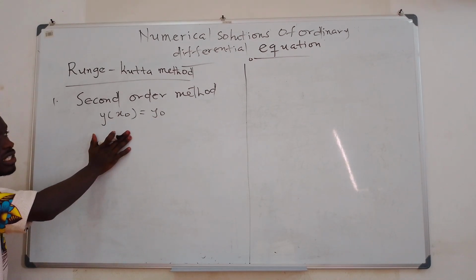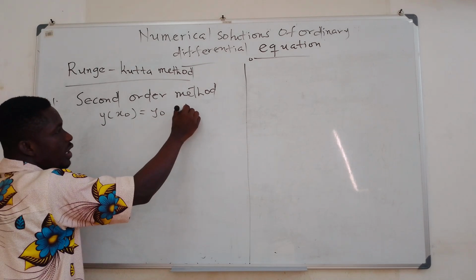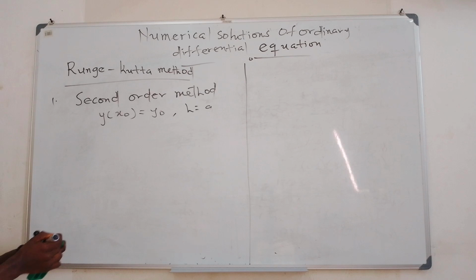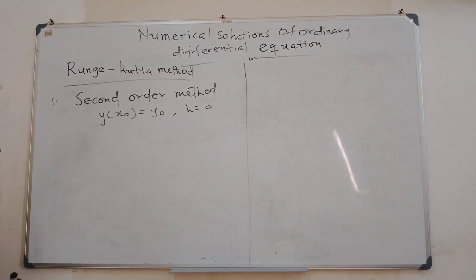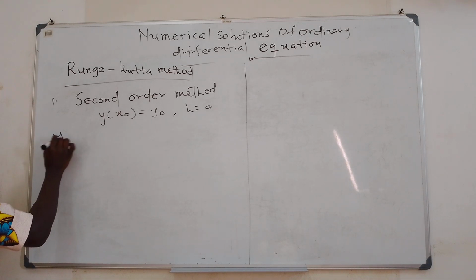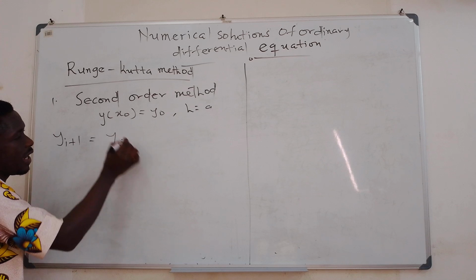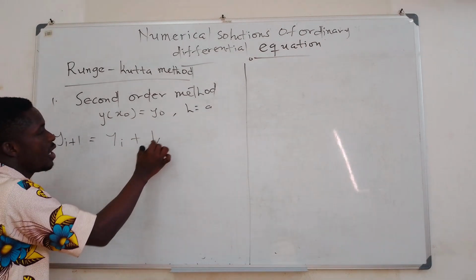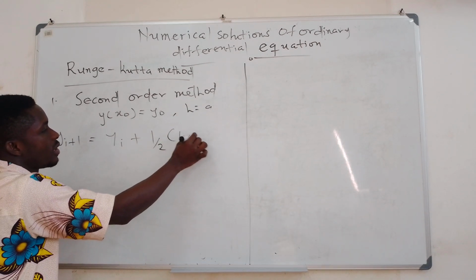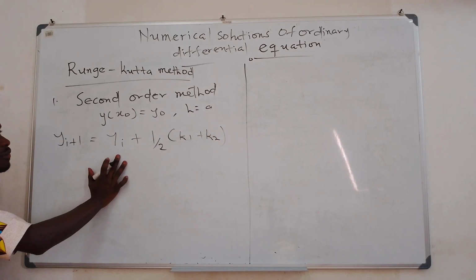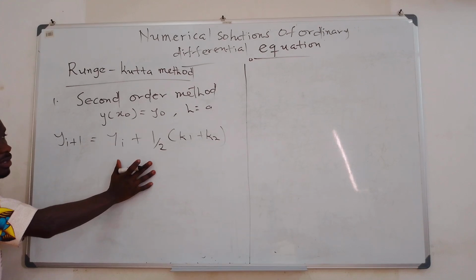All the time your initial value will be given, and your h will also be given. Very good. So the algorithm for solving the second order method is y of i plus 1 equals yi plus half of k1 plus k2.